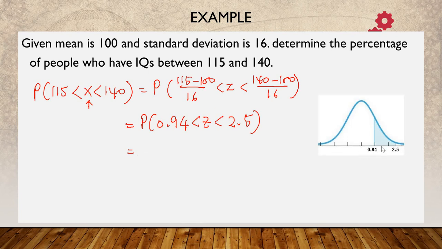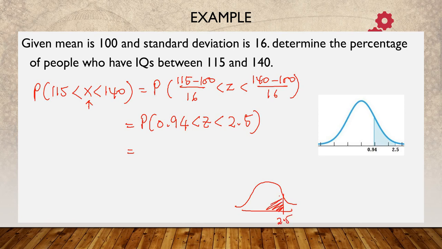Middle is 0, right? So we want to find the small area at the tail. How to find this? Okay, it's the same as what we did just now. So you look at here. We want to find this area to this area. So the bigger area is 2.5, right?